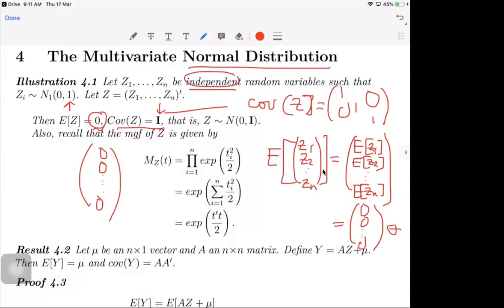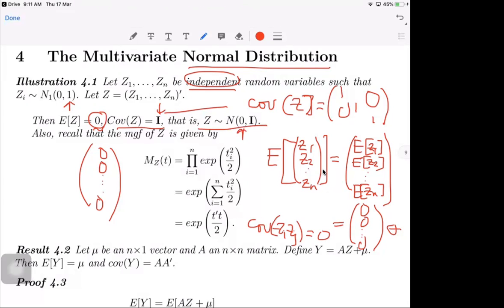Independence will assure us that the covariance of zi and zj will be equal to 0. Or in notation, z is normally distributed with mean vector 0 and covariance matrix I.